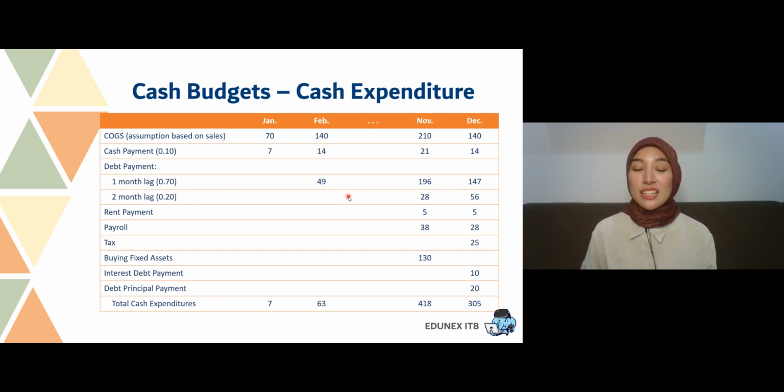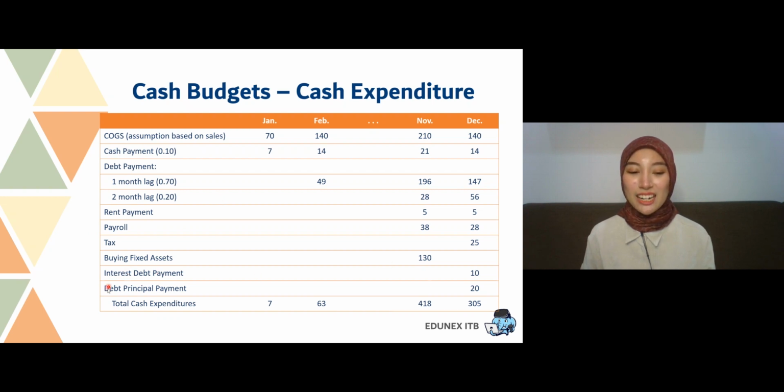Okay. And what about the other expenses? We must budget for them as well. You have to know when you will pay the rent, how much payroll you have to put as expenses for each month, which month you have to pay your tax, or whether you are planning to buy a fixed asset and which month you have to pay for it, and all the other expenses you have to pay.